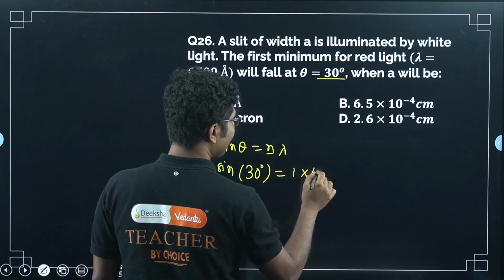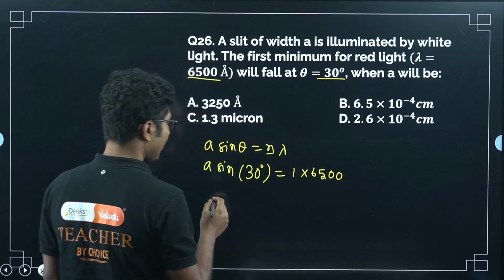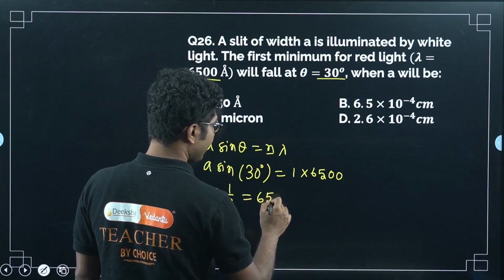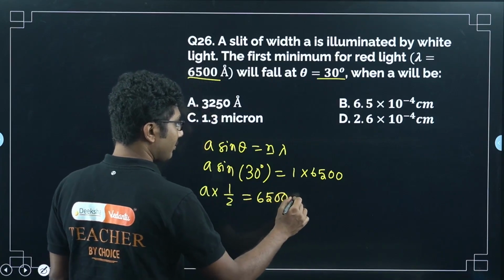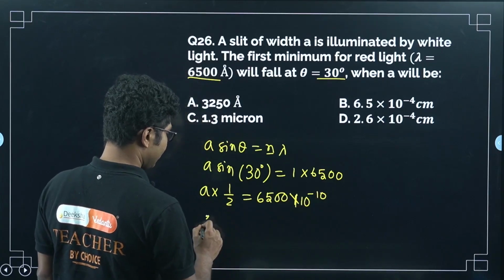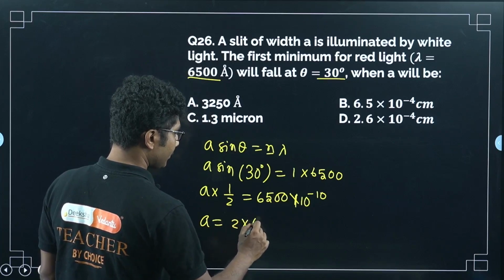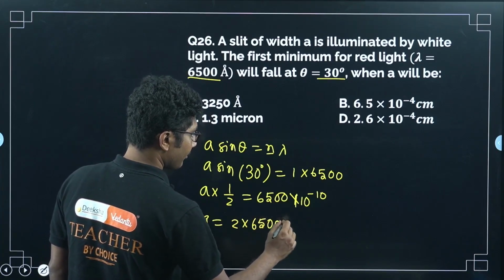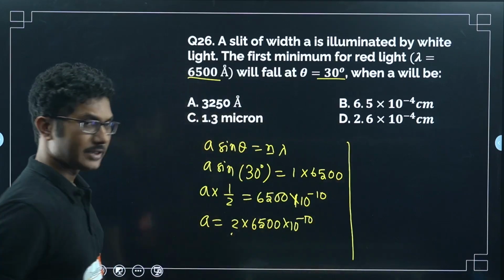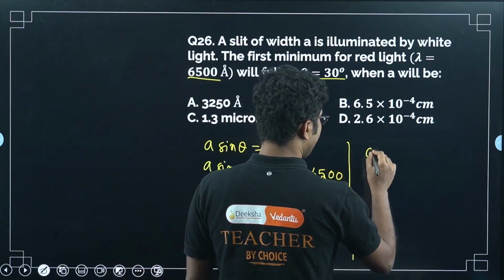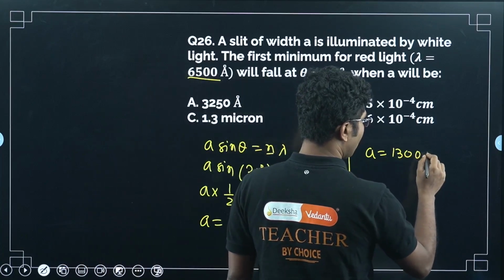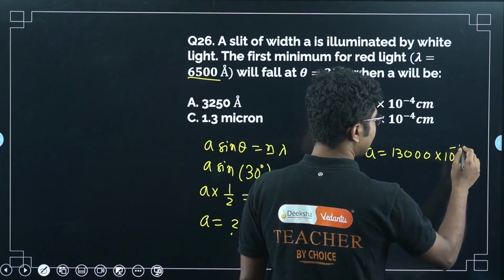It is 6500 angstrom. a sin 30 is half, so it is 6500 in angstrom. Angstrom means 10 to the power of minus 10 meter. So a will be 2 times 6500 times 10 to the power of minus 10. 2 times 65 is 130, so a equals 130 followed by two zeros, times 10 to the power of minus 10 meters.